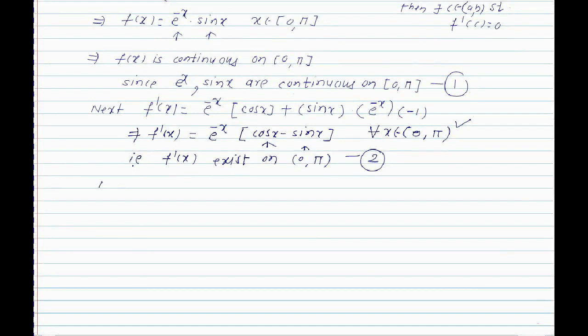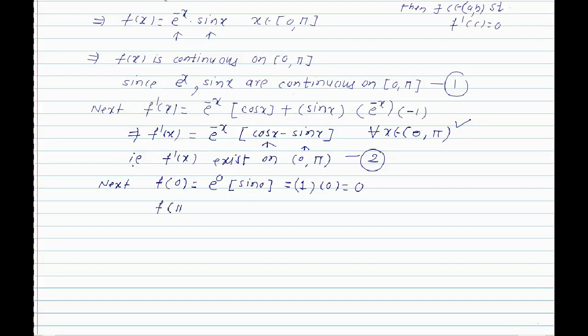Next we find the values of f of x at the end points of the closed interval 0 to pi. So f of 0 is, put x equal to 0 in f of x, we get e to the power 0 into sin 0. e to the power 0 is 1, sin 0 is 0, so the product is 0.